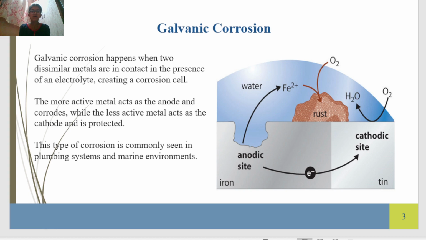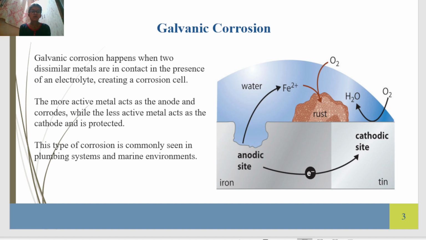Next we have galvanic corrosion. Galvanic corrosion happens when two dissimilar metals are in contact in the presence of an electrolyte, creating a corrosion cell.